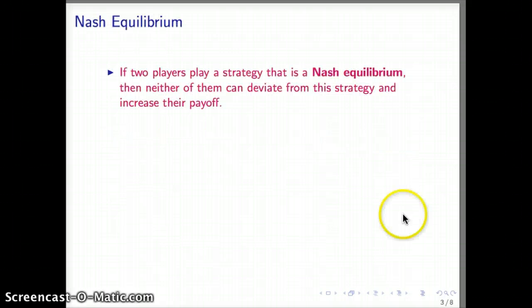So we've seen this definition, we're just revisiting it. If two players play a strategy called Nash equilibrium, then neither of them can deviate from this strategy and at the same time increase their payoff. We could rephrase this with the following wording.